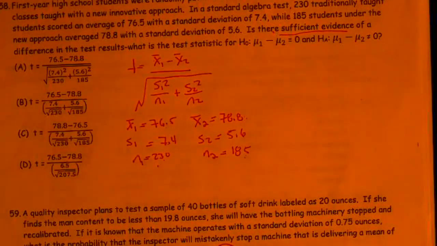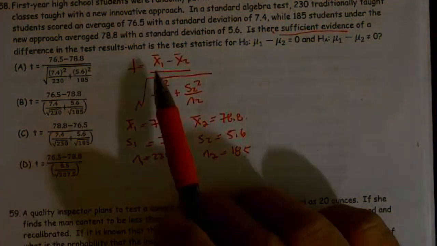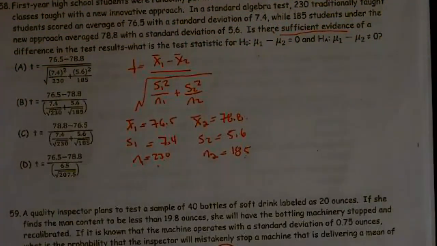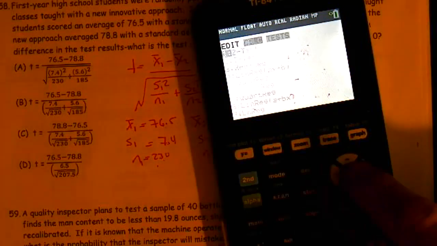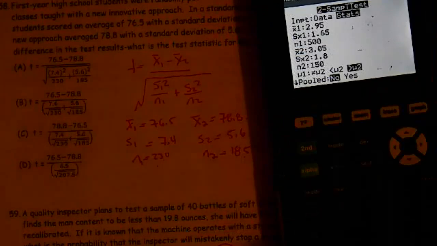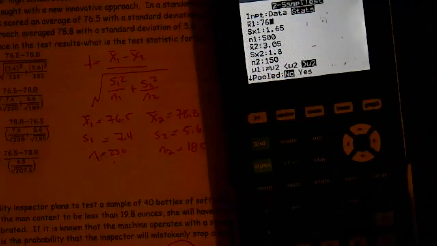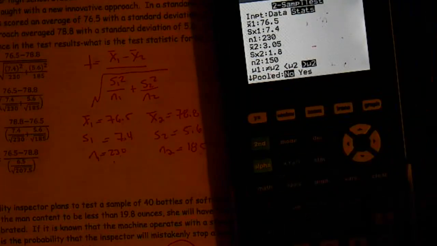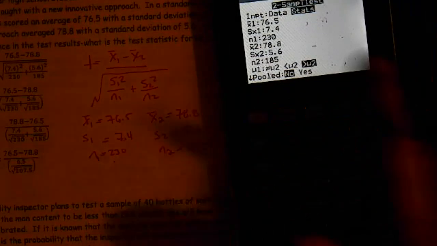As soon as I say, is there evidence, that means we're running some sort of hypothesis test. In this particular case, because we have two samples and we're using the sample standard deviation, this is a two sample T. So stat test, two sample T test, 76.5, oops, 7.4, 230, 78.8, 5.6, 185.